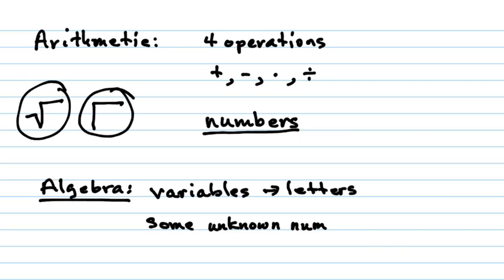Yes, good. Okay? But it's a lot easier to write a letter or a symbol than it is to write out the phrase some unknown number. And that's why we simplify it to use X, Y, etc. Some letters we don't use very frequently, except for specific cases.